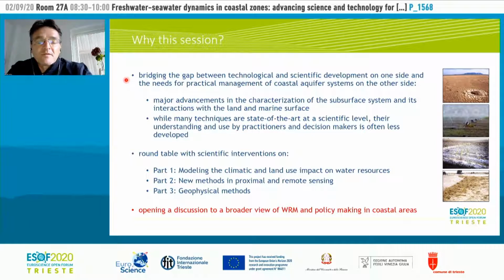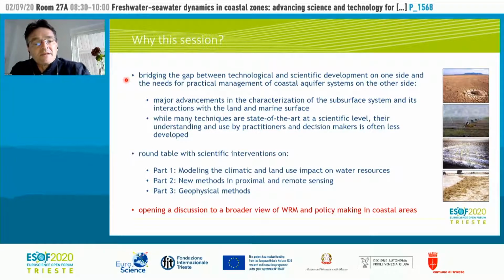So this roundtable will contain 3 scientific interventions. I will start with the first one that will generate a more broad vision of the climatic and land use impact on water resources. As myself, I'm a hydrologist, surface hydrologist, in fact, and my main focus is looking into the climate and land use change impacts on water resources. I will highlight this part.